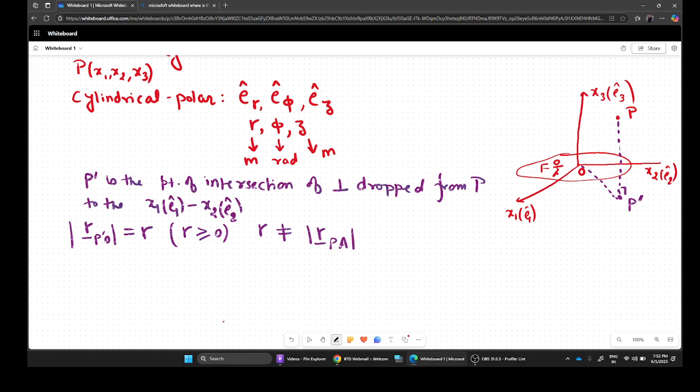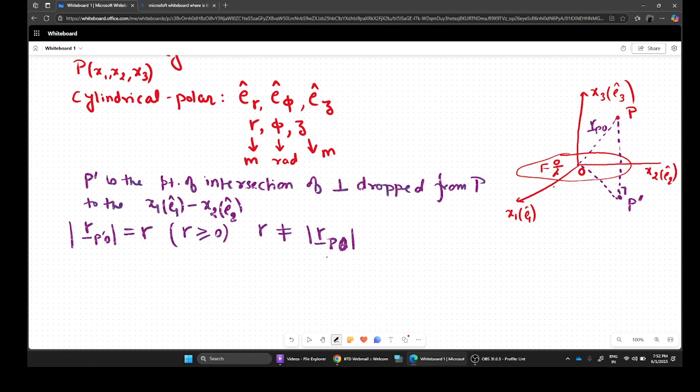It is not the magnitude of RPO, but it is the magnitude of RP prime O. Mind you, RPO is here. Small r is not the magnitude of this vector, but of this vector going from O to P prime.